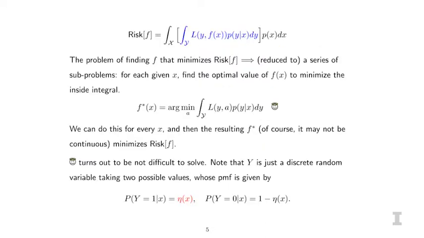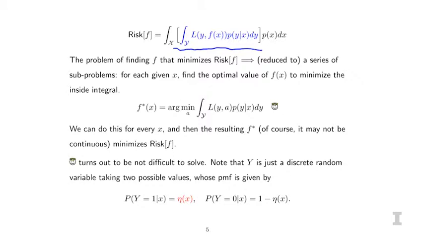On the top, I just copy the expression I had on the previous slide. And now you're going to find out that the problem of finding f that minimizes the risk can be reduced to a series of sub-problems.